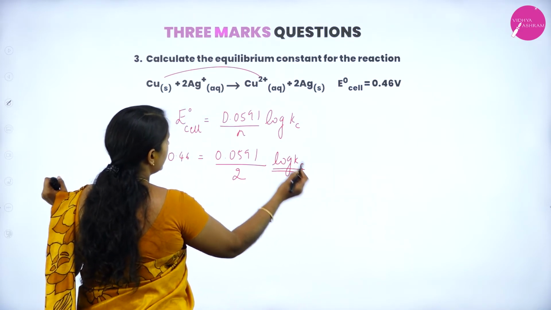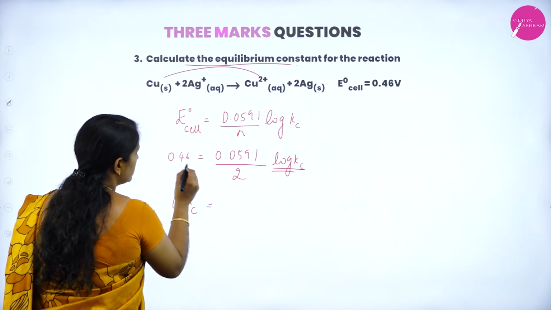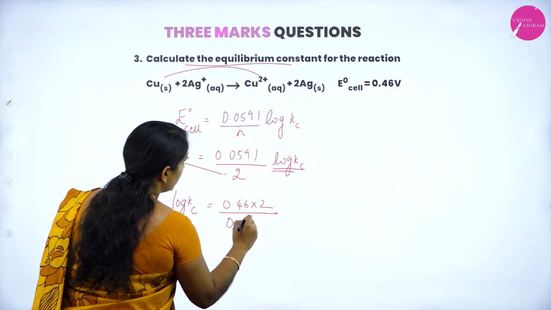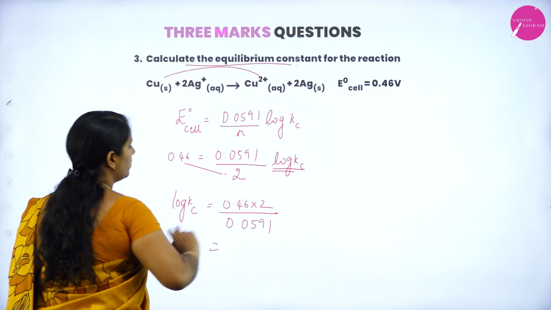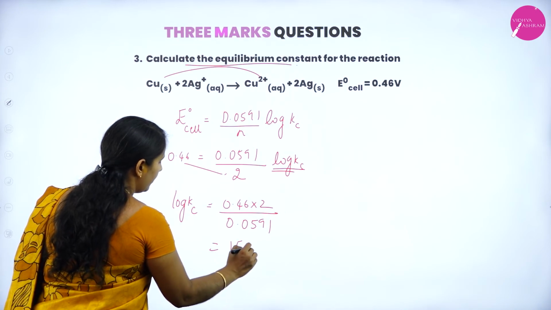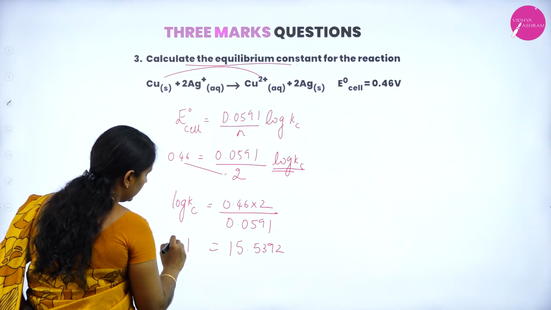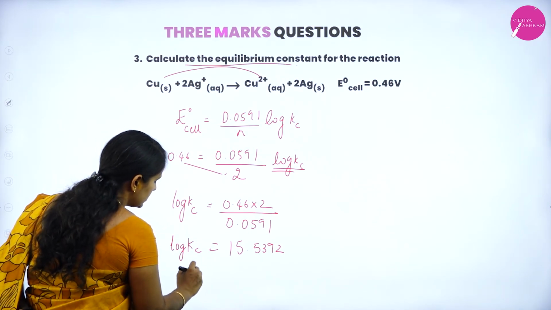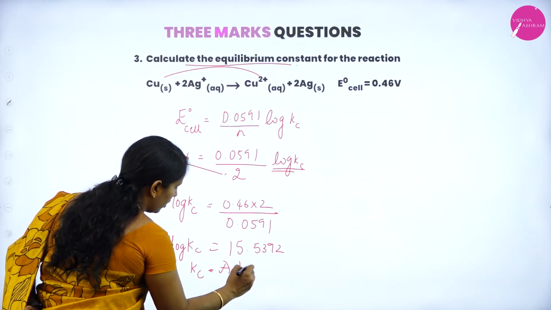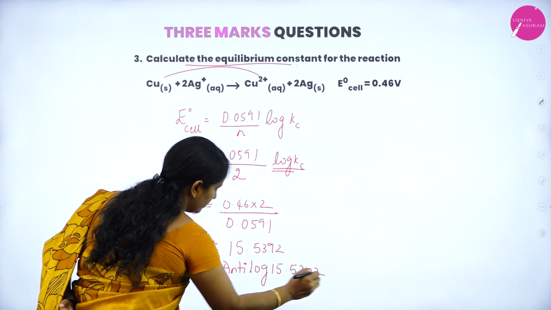Now, as we have to calculate the equilibrium constant, I'll take the log Kc outside. So I'll multiply 0.46 into 2 divided by 0.0591, and you will get 15.593. So this is log Kc, correct? We want Kc only. If the log goes outside, it becomes the anti-log of 15.593.